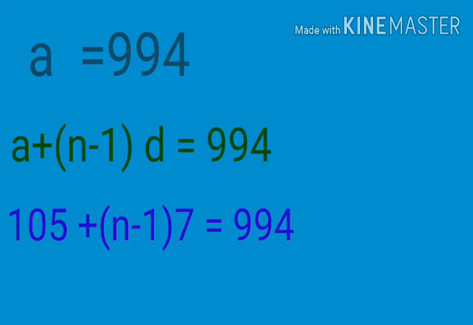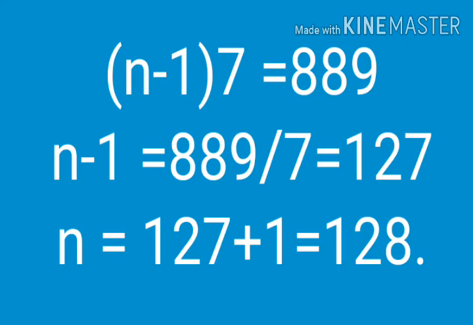Then we can transpose 105 to the RHS. Then (n minus 1) into 7 equals 994 minus 105, that is equal to 889. Then we can transpose 7 to the right side. Then n minus 1 equals 889 by 7. That will be 127. 889 by 7 equals 127.